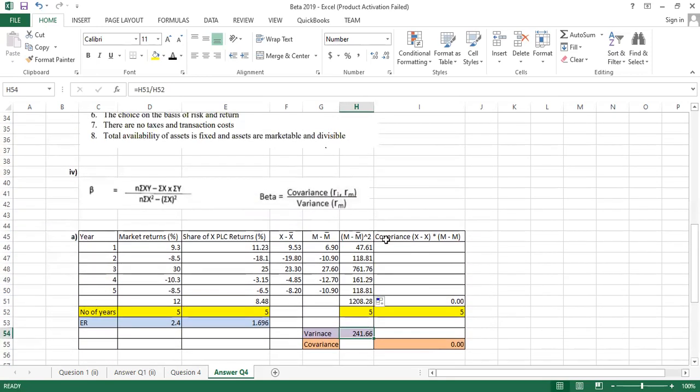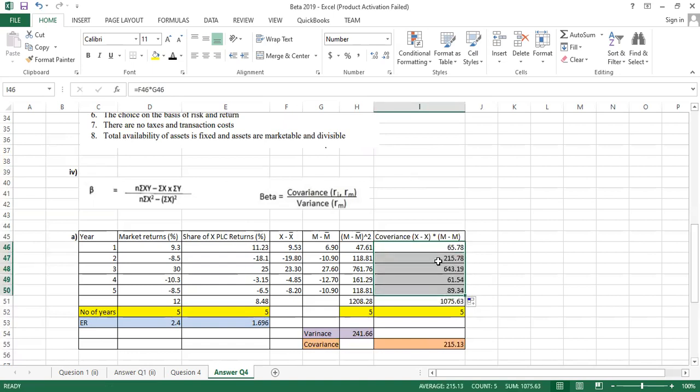Then we want to calculate the covariance. Let's see how to calculate the covariance. Equal x minus x bar multiplied by m minus m bar. Then enter. So here year 1 x minus x bar multiplied by m minus m bar is 65.79. Then we can drag.